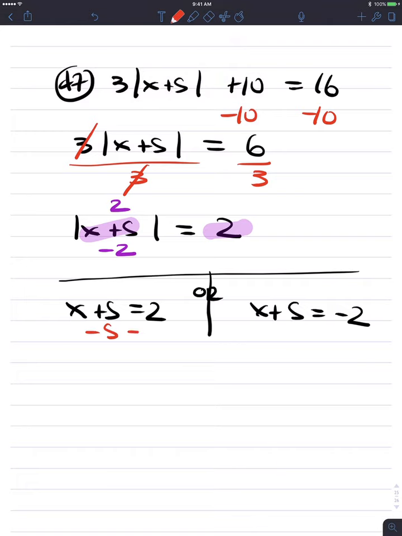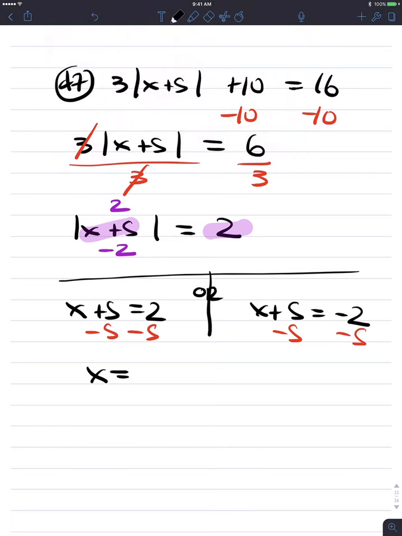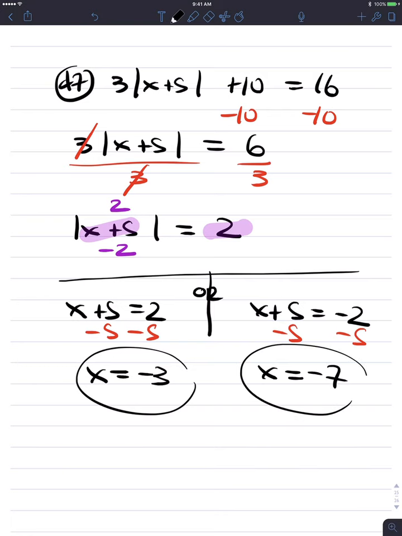And subtract 5 from both sides. You end up with x is negative 3, or x is negative 7. This is your solution. Negative 3, negative 7 for 47.